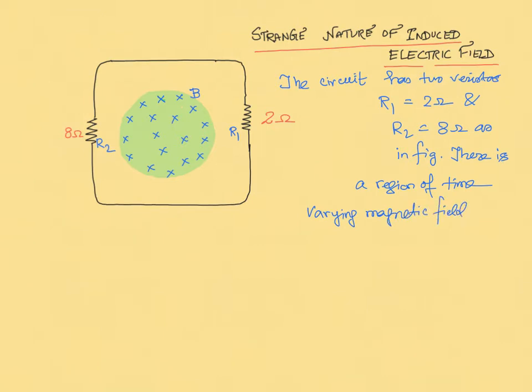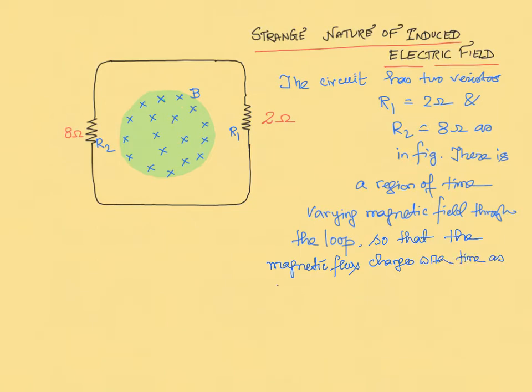This region is shown here, inside the loop, so that the magnetic flux changes with time as d phi dt is equal to, let's make it plus 10 volts.